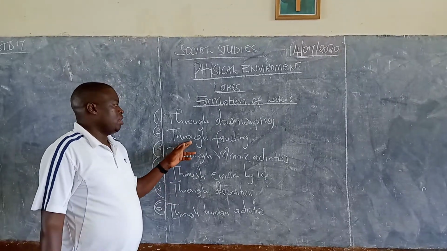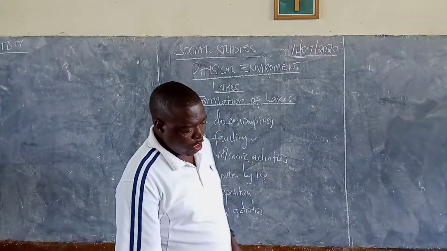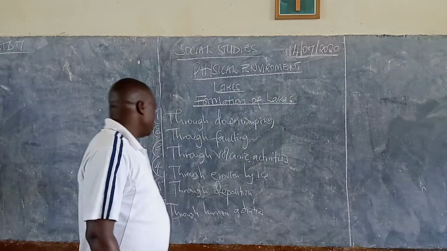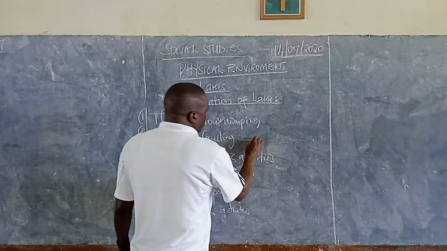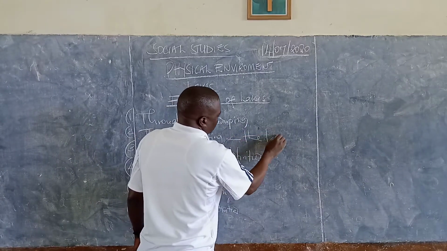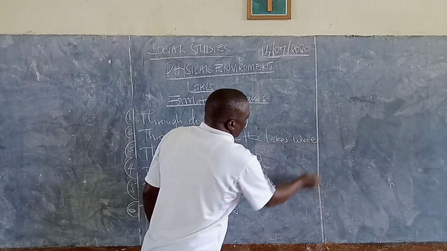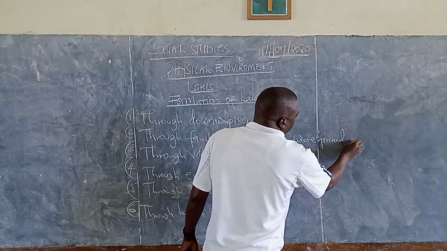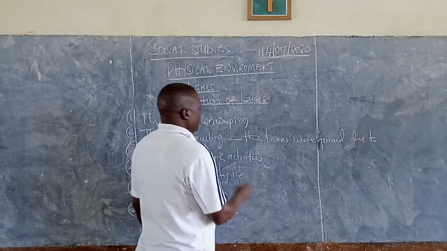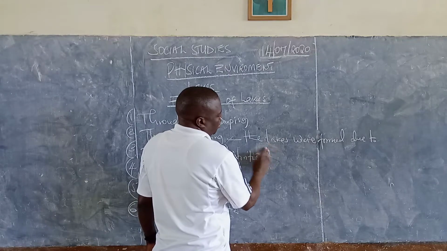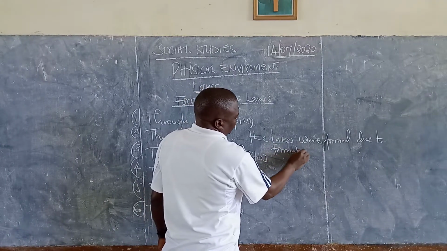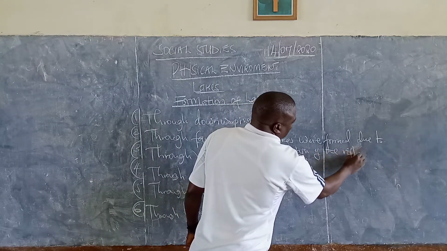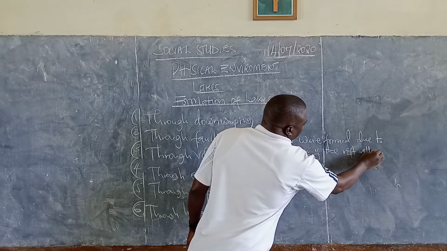Let's talk about faulting. Now, faulting, we are saying these lakes were mainly formed during the formation of the Rift Valley.